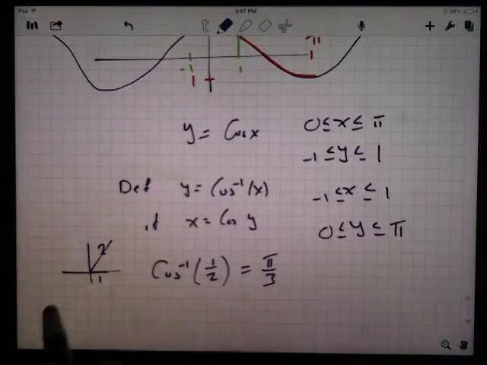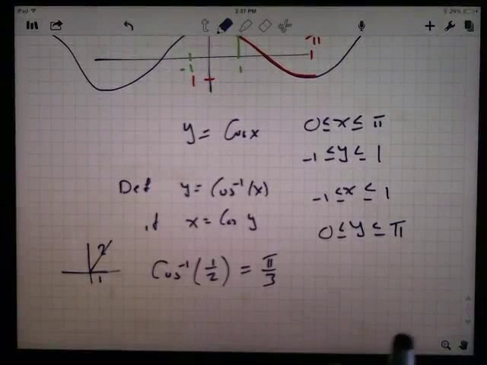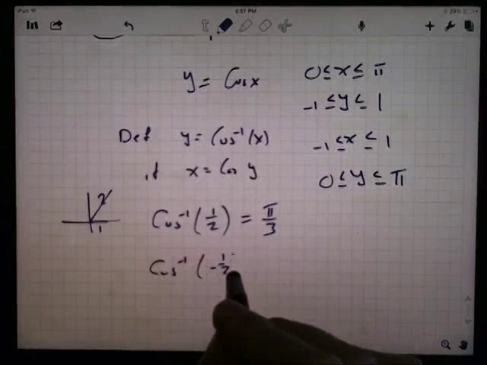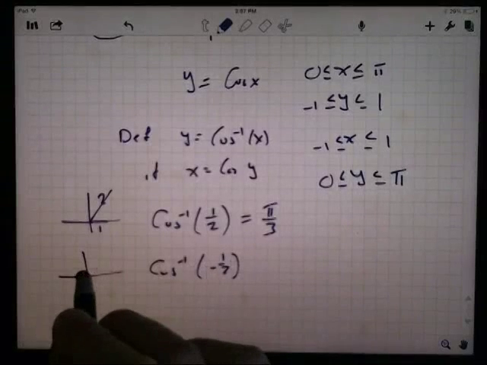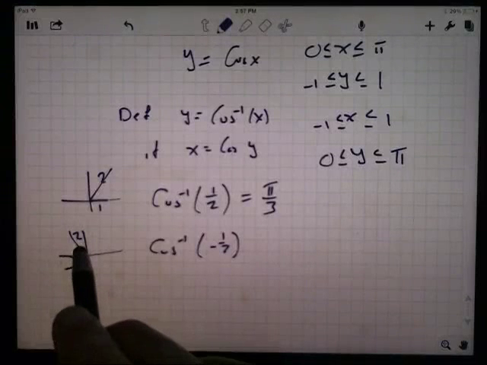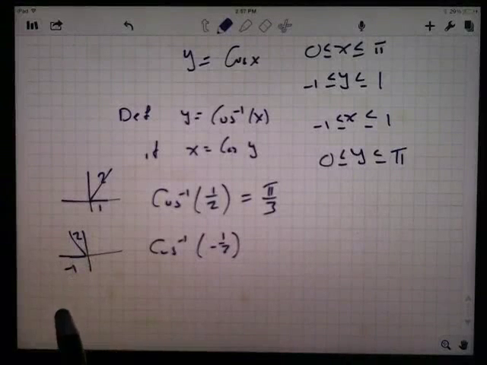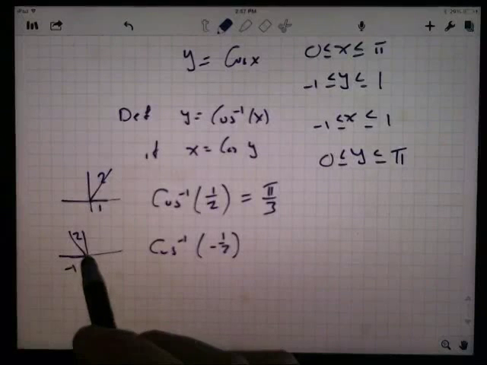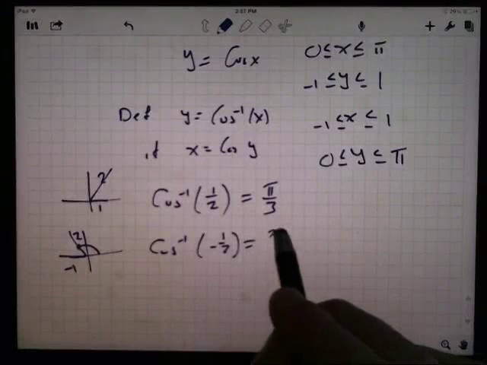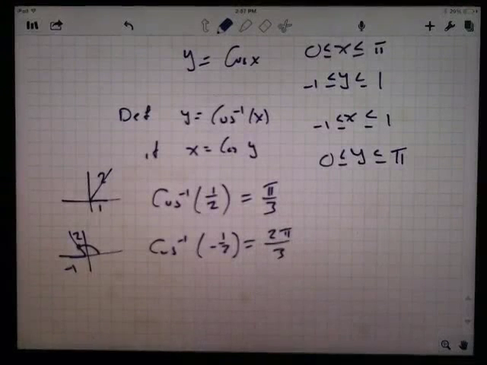That's a 60-degree angle there, pi over 3. If I said give me an angle whose cosine is minus 1 over 2, it would look like this. Could be there, or it could be down in the third quadrant, but we've made the choice that this is the angle we're talking about. So that's actually 2 pi over 3, 120 degrees.